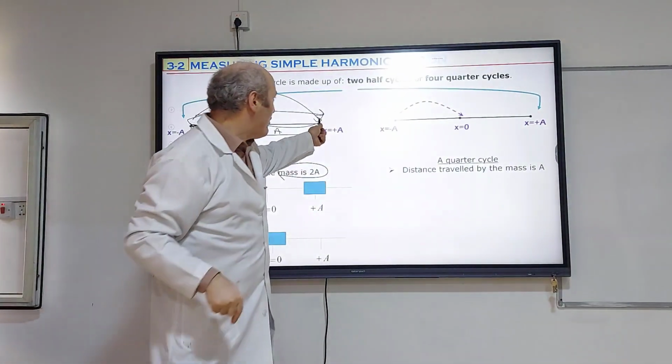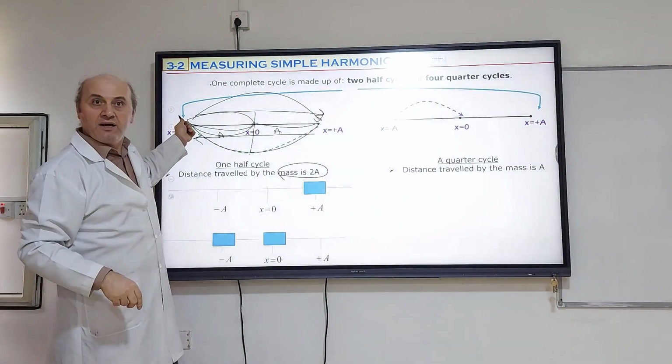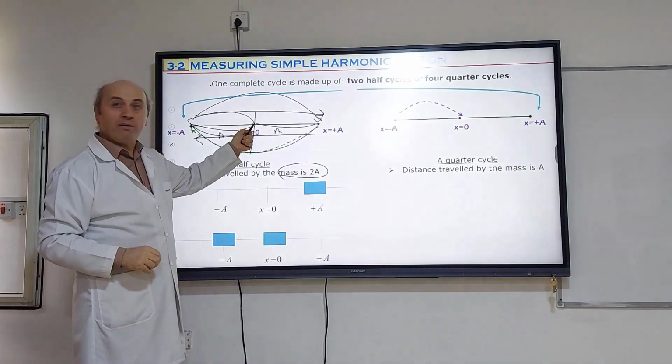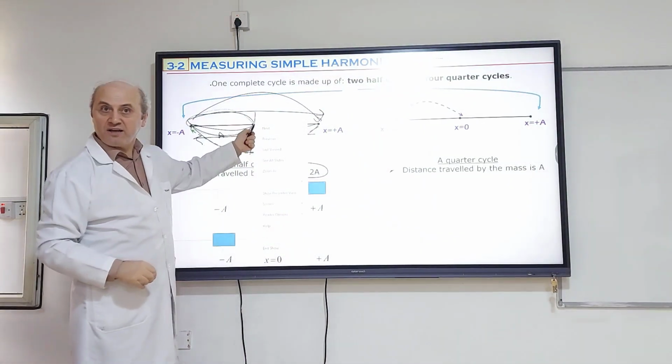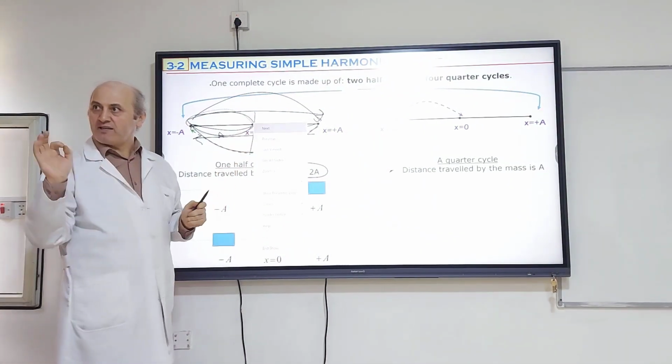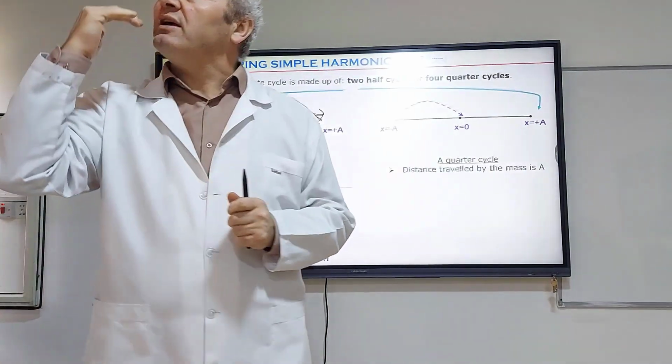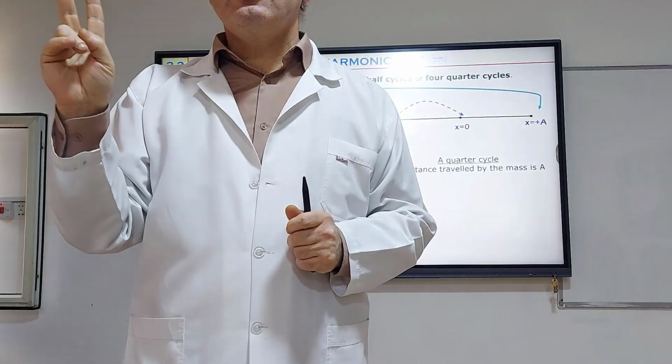If it starts from positive A or negative A, displacement can be 2A. But if the object starts from equilibrium, after half cycle, net displacement is 0. That's why I said that displacement can change between two values, 0 and 2A.